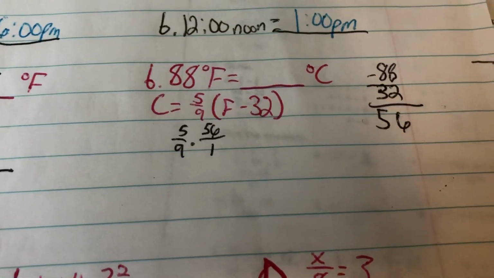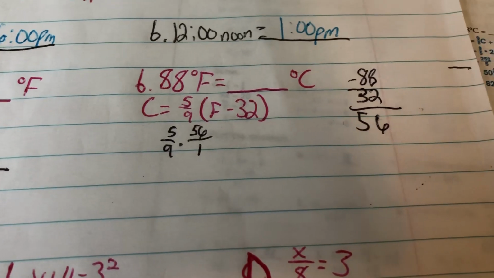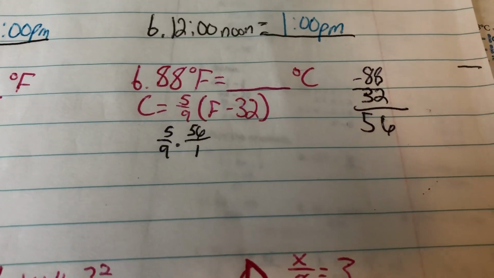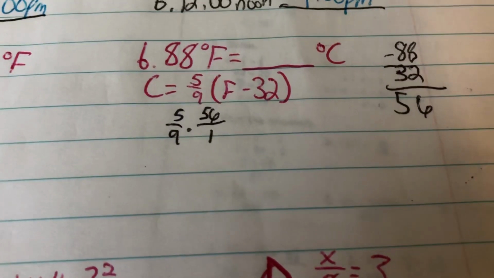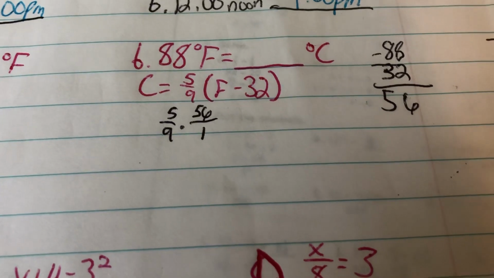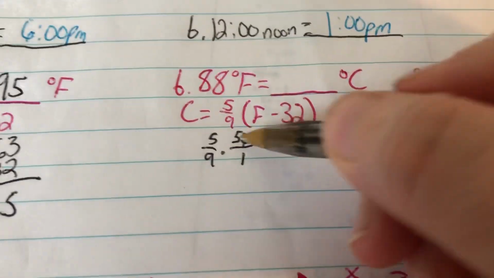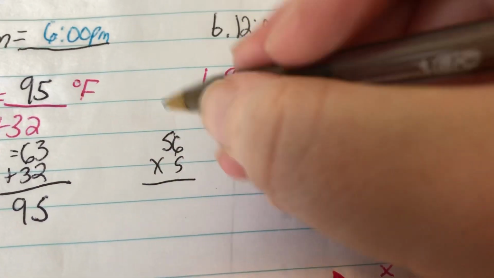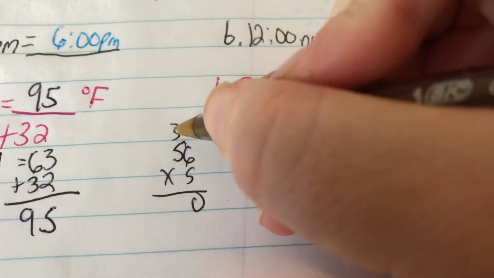Well, 56 is not divisible by 9. It is an even number, so it is divisible by 2, but 9 is not divisible by 2. And 5 plus 6 is 11, and 3 can't go into 11, so it's not divisible by 3 either. So we're going to have to multiply. So 56 times 5. 5 times 6 is 30. 5 times 5 is 25. 26, 27, 28.